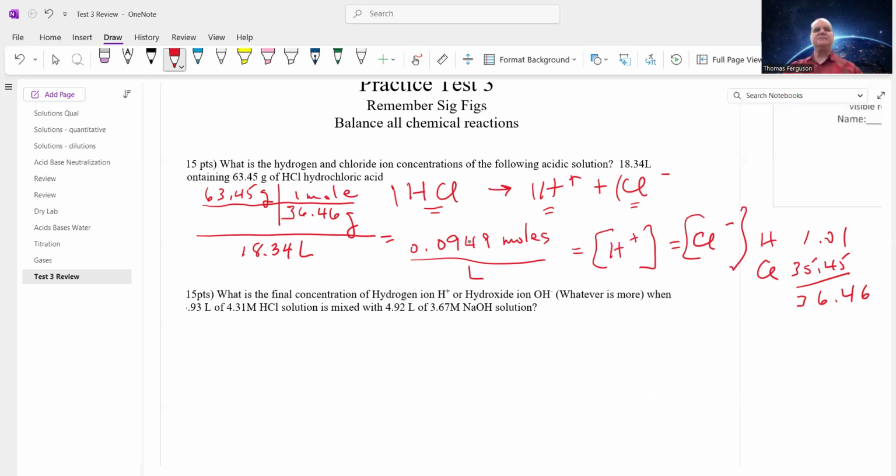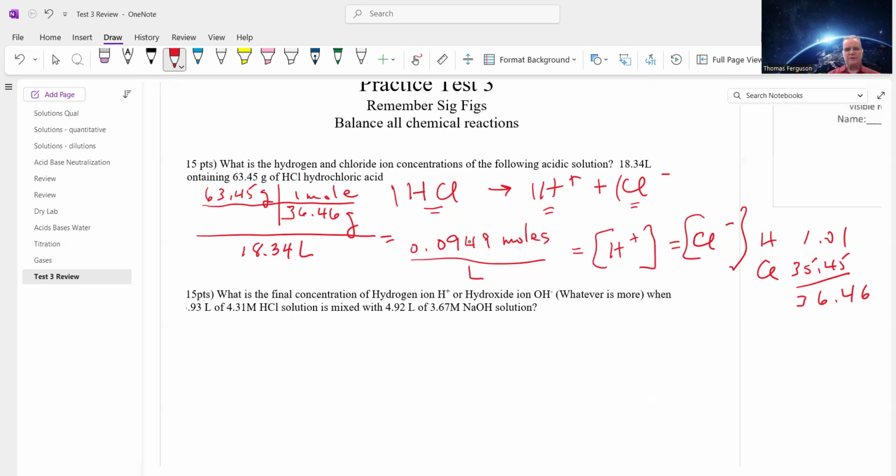Remember, square brackets is a shorthand way of writing moles per liter. Now this is all based on the fact that HCl is a strong acid. If this was a weak acid problem, we would have about 4 times the amount of calculations to do, and one involves a quadratic equation, too.